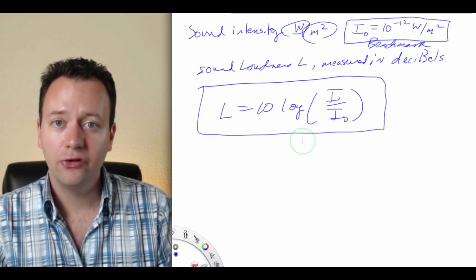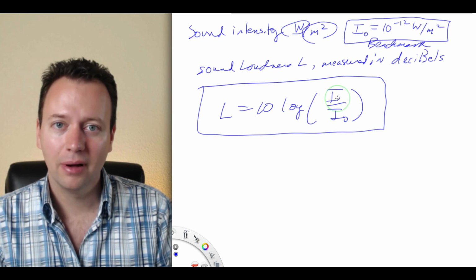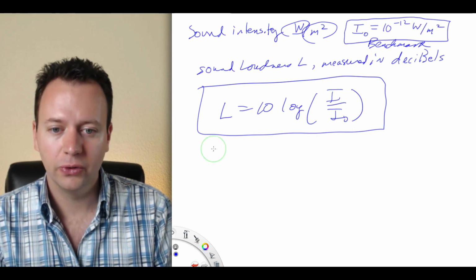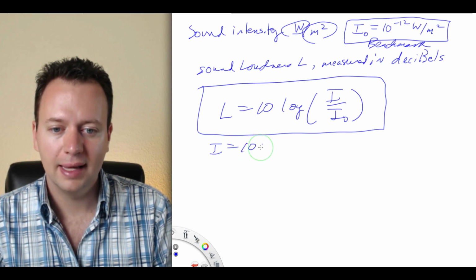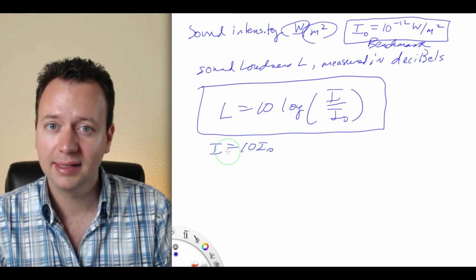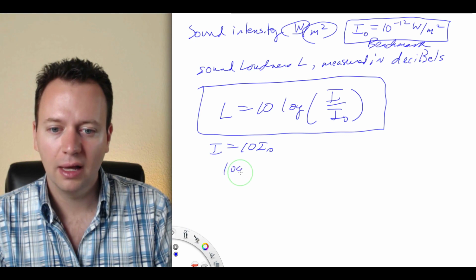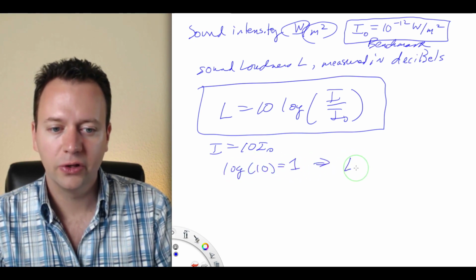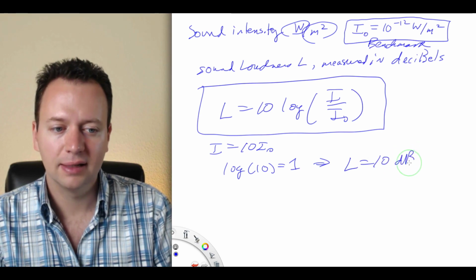So if you're 10 times louder than the human threshold of hearing, so if I is equal to 10 times the human threshold, so the intensity is 10 times as much, we get log of 10, which is just equal to 1, so that results in a loudness of 10 decibels.